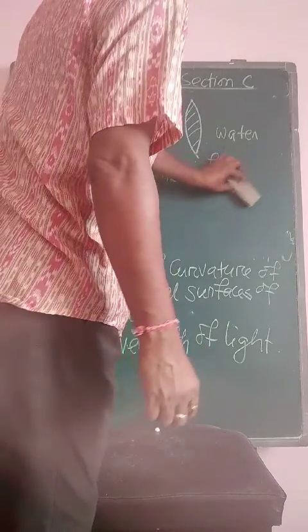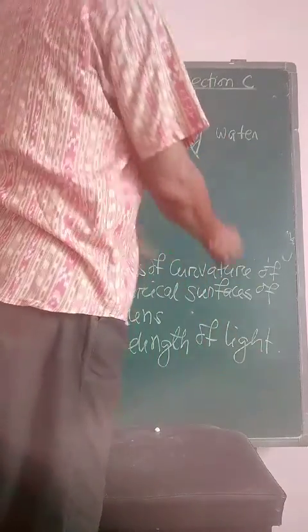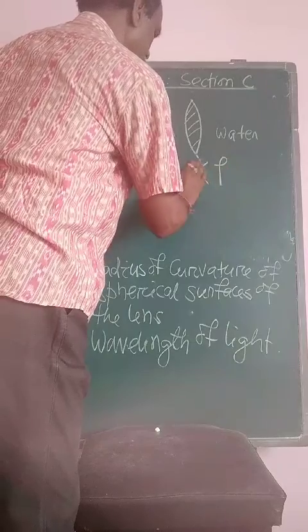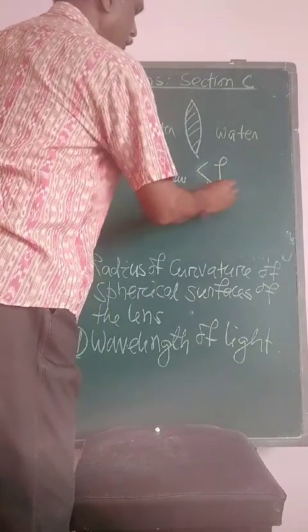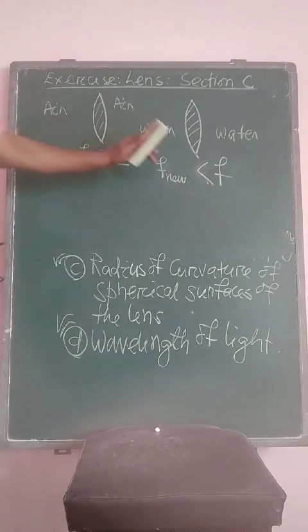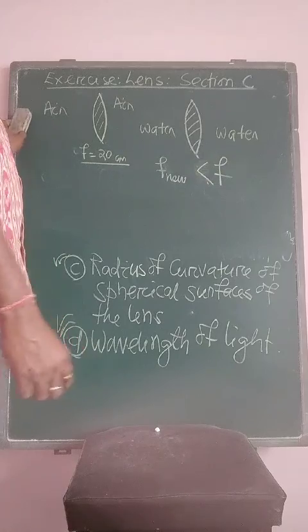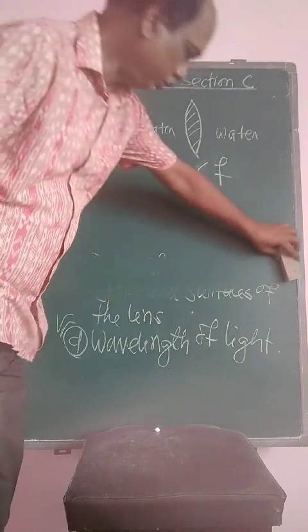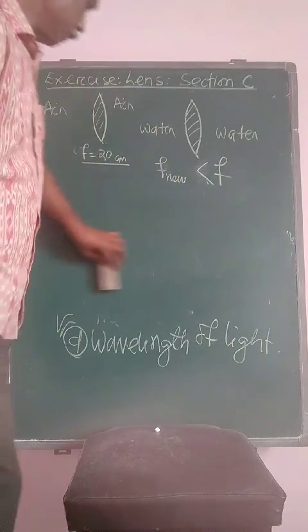We cannot say exactly like that, but it will definitely be less than the original focal length. So when the surrounding medium changes, focal length changes. Now the fourth factor, radius of curvature of the lens.